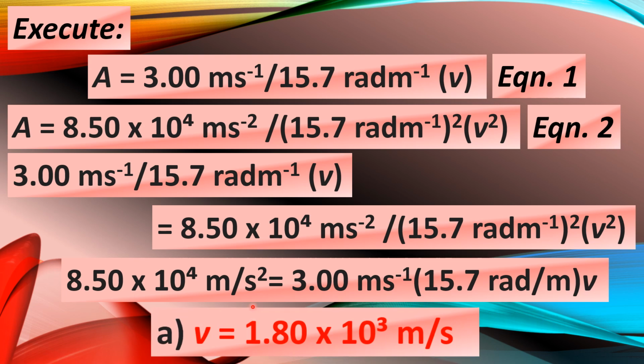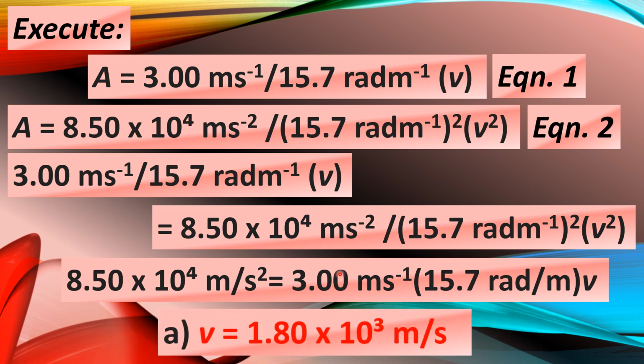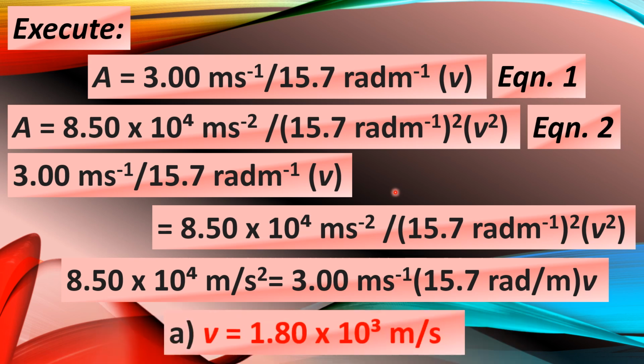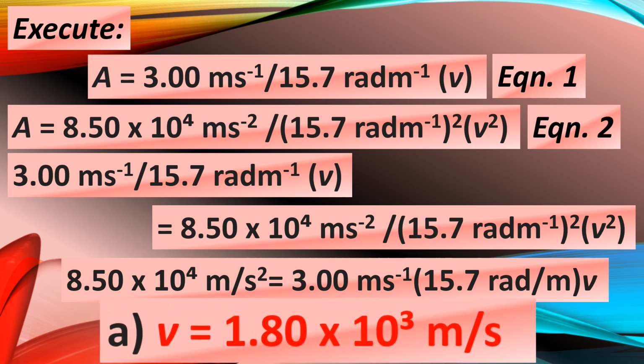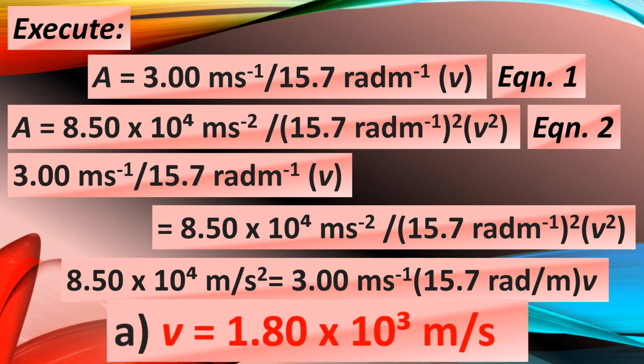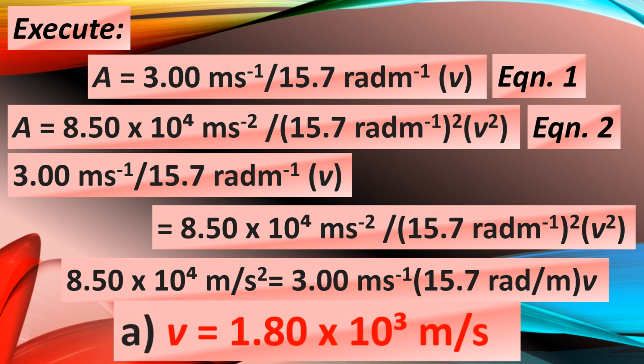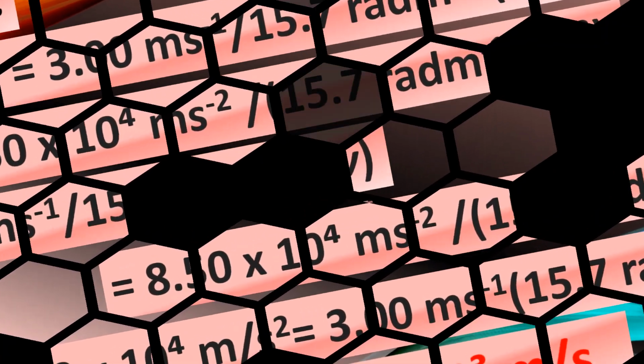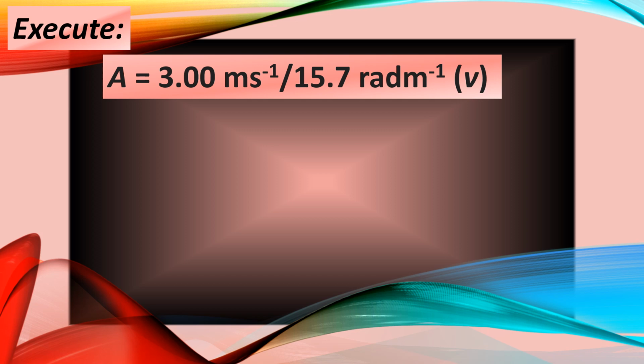Take note that we followed the rules of significant figures in our operation. To find the wave amplitude, we use equation number 1, and we just substitute the computed value for the speed of wave propagation, small letter v.